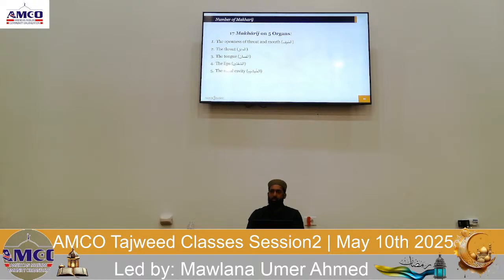The sound is called gunna. In Urdu we have noon gunna, the nasal sound. So these are the 5 parts of the mouth and throat, the 5 organs. And khayshum, the nasal cavity, the nose.